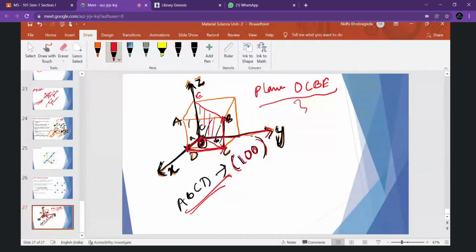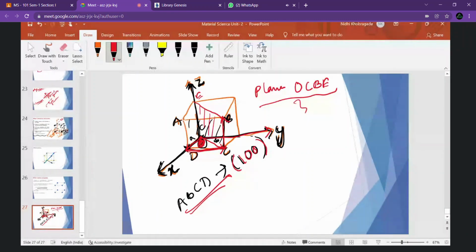Then we have to choose our origin, and the first rule is that while choosing the origin, it should not lie on the considered plane. So here you can see, if we consider this particular plane OCBE, our origin is coming on this plane, right? So we cannot take this point as our origin because it lies on the considered plane.